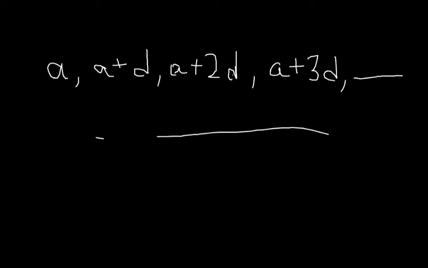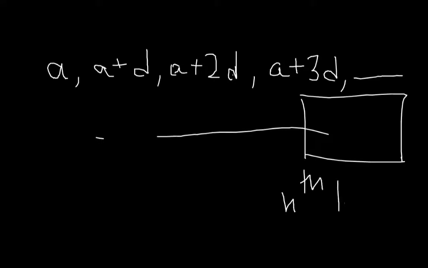A plus 3d and so on. Now if you see the nth term that we need to find, very clearly you try to understand this. In the first term, what is the coefficient of d?